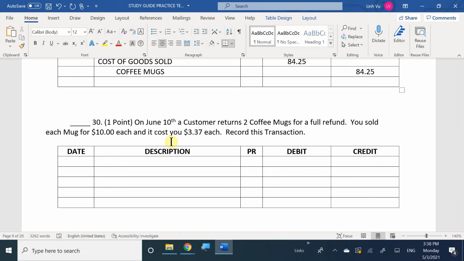On June 10, a customer returns 2 of those coffee mugs for a full refund. And you sold each coffee mug for $10 each. And of course, there's no sales tax. And it cost you $3.37 each. Record this transaction.